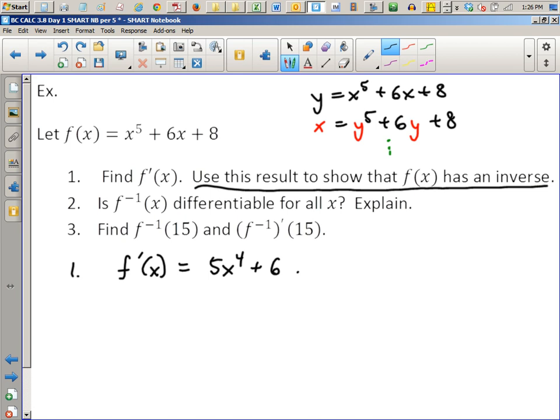This is your f prime of x. Since f prime of x is positive for all x's, there's no exceptions. You can plug in anything you want. It's always something 6 or larger.